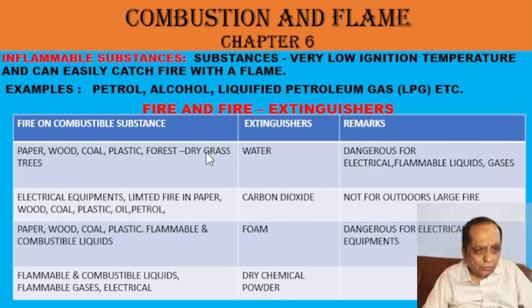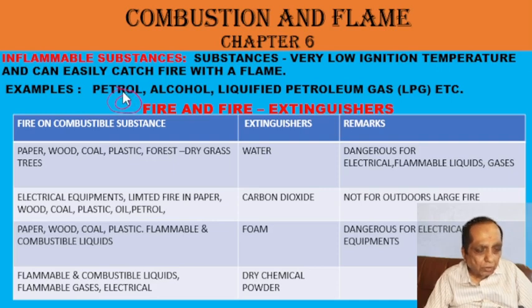So first, without taking risk of yourself, wherever there is a fire, suppose the fire is in this area, here is the fire, then from the surrounding areas, you remove all combustible substances, because due to this fire they are also getting heated up and they may also catch fire after some time.